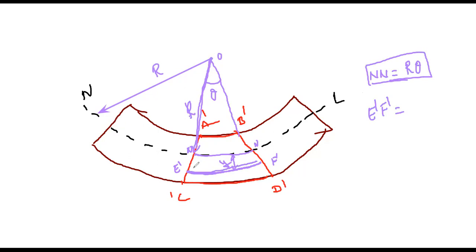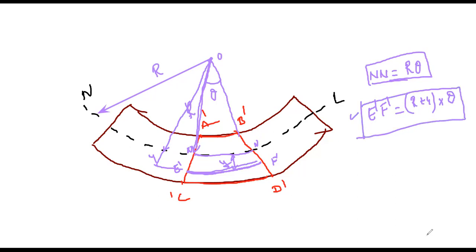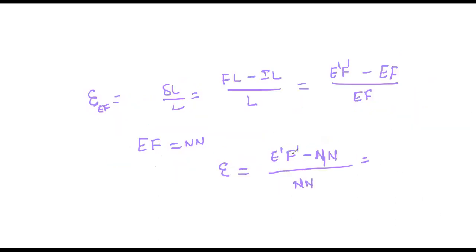Up to the neutral layer it is R, and this distance was Y. So R plus Y, multiplied by theta, will give you E dash F dash. Substituting these values, the strain is R plus Y theta minus R theta, divided by R theta.